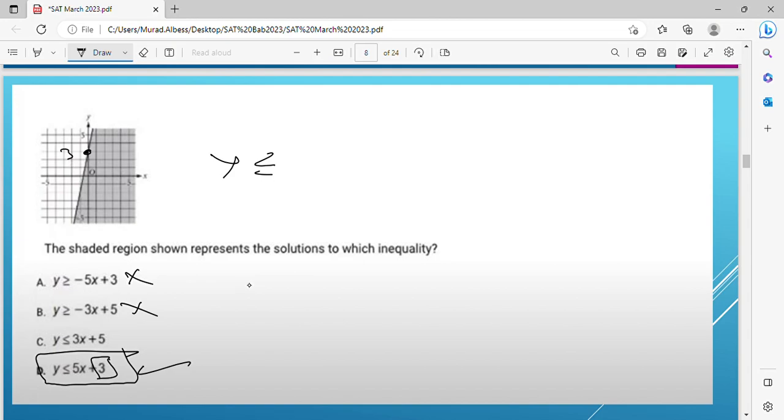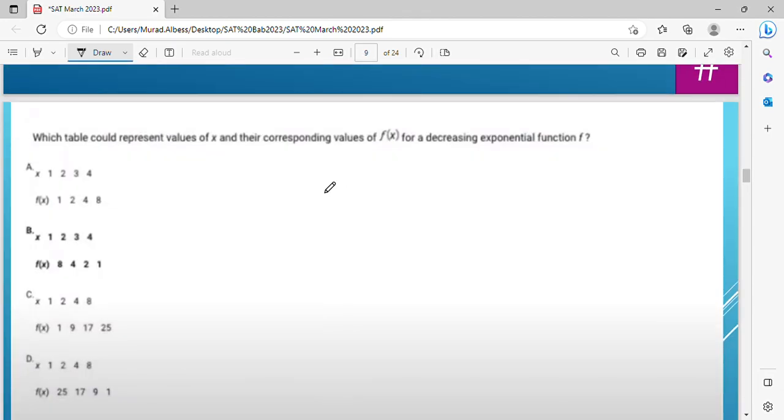Many questions in the SAT need a little bit of thinking to get the correct answer. Which table could represent values of x and their corresponding values of f of x for a decreasing exponential function? We are looking for decreasing values. This is increasing: 1, 2, 4.